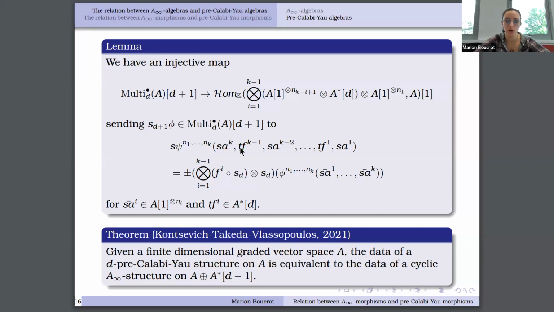So here, all the Fi are elements of A star, meaning that this is a map going from A to K. So here we have an element of K, and here we only shift the last output of this map to have an element of A. So finally, here we end with an element of A.